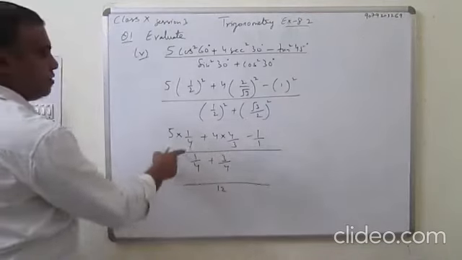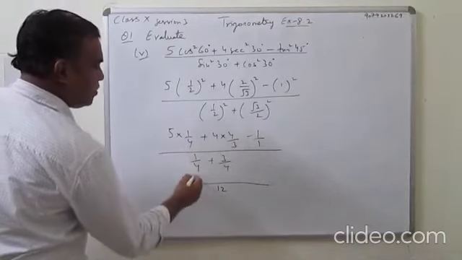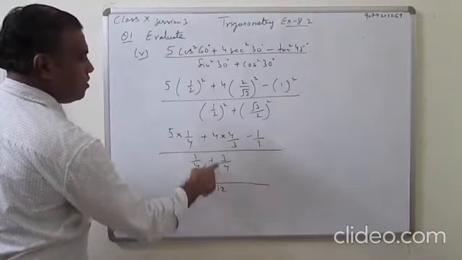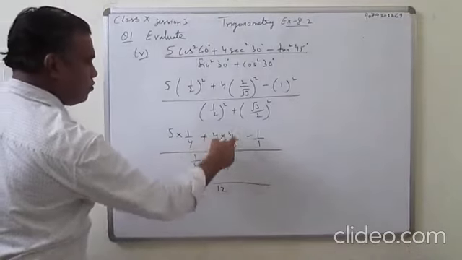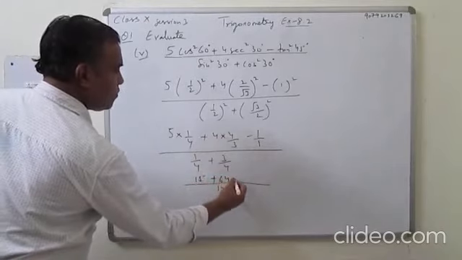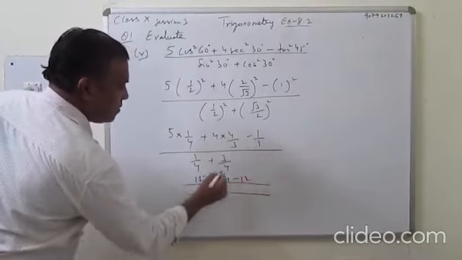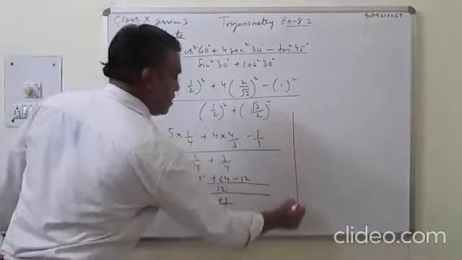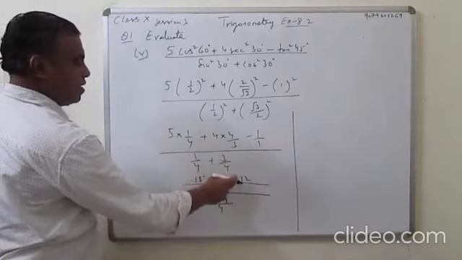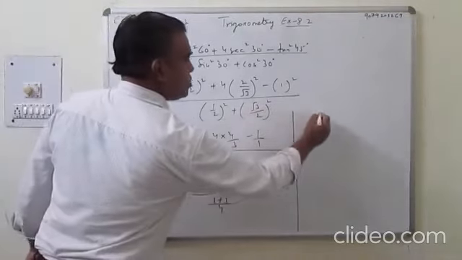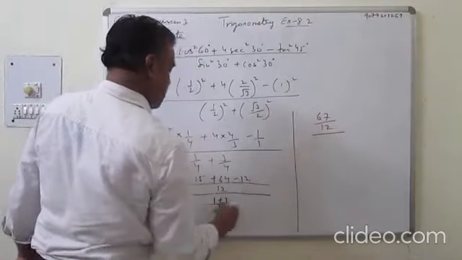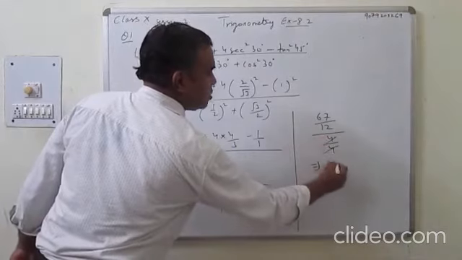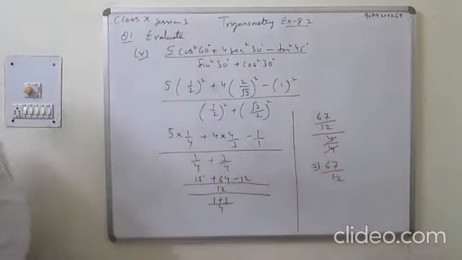This becomes 15 plus 64 minus 12 upon 12, which is 67 upon 12 upon 4 upon 4, that cancels out. So the answer is 67 upon 12.